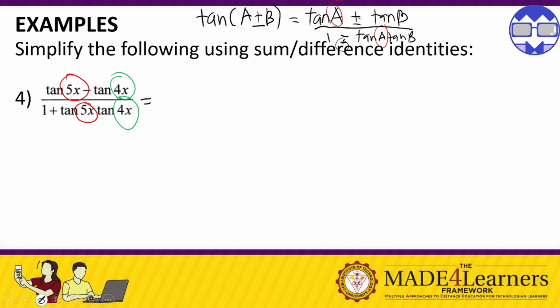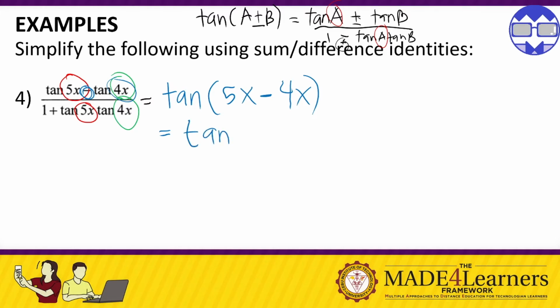Okay, so let's try to answer. If we try to reverse, this becomes tangent of 5x. It's minus here, so it's minus the second angle, which is 4x. Then if we simplify further, this becomes tangent of x. And this is the final answer.